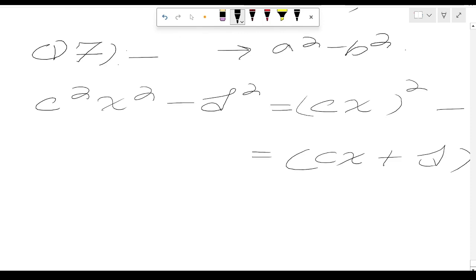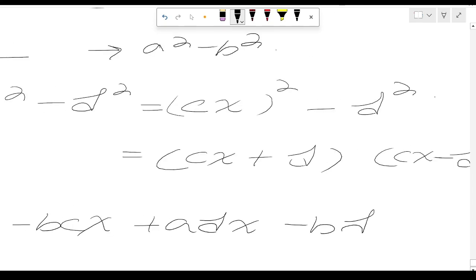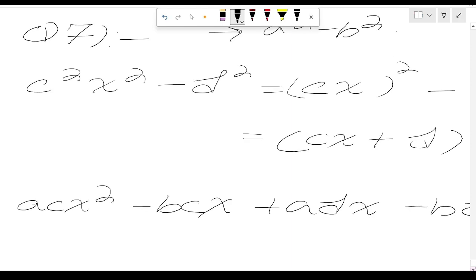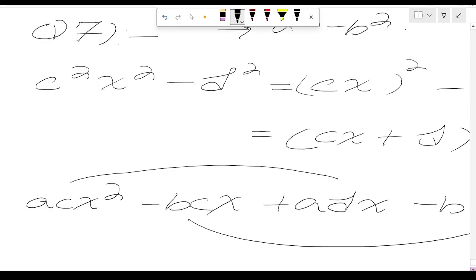And the second part of question number 7 is acx square minus bcx plus adx minus bd. So let's simplify this. Let's arrange them first.